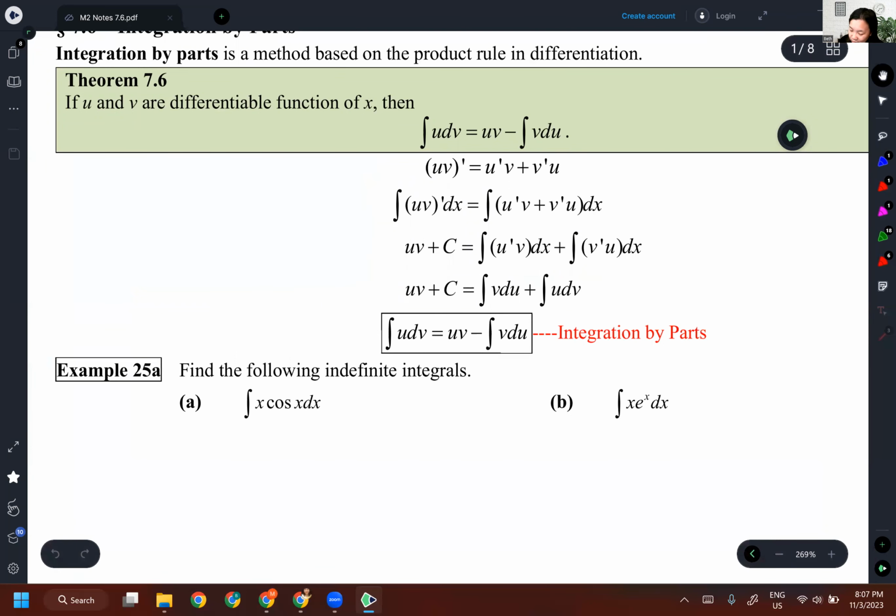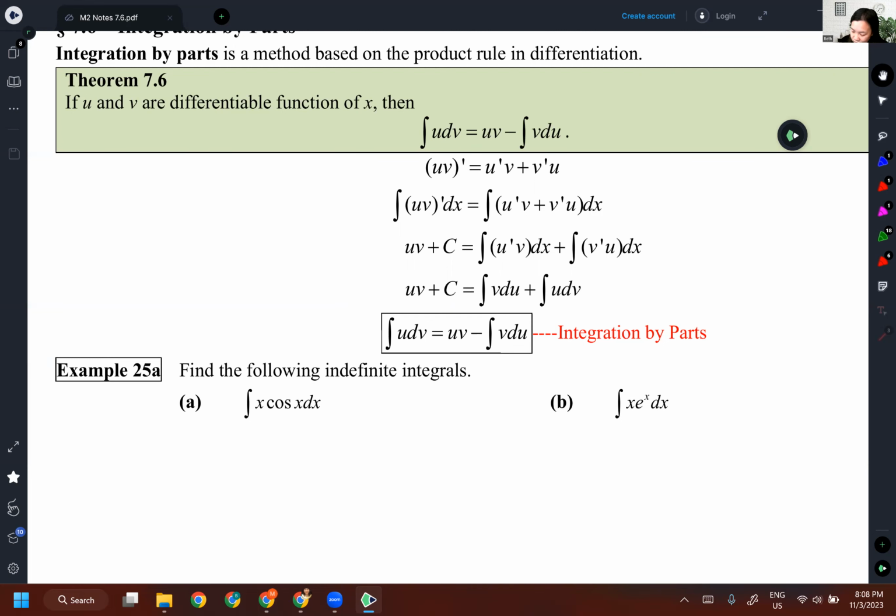Here you see two variables, v and u. And it says this equals this minus this. Now, before we go into the proof part of this formula, I want to first introduce how to use it.